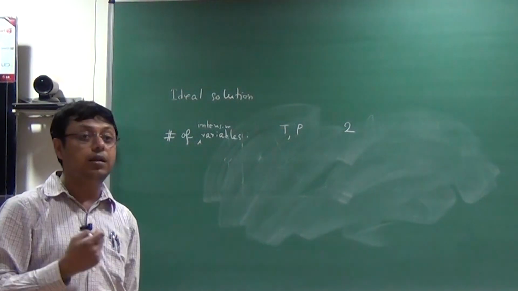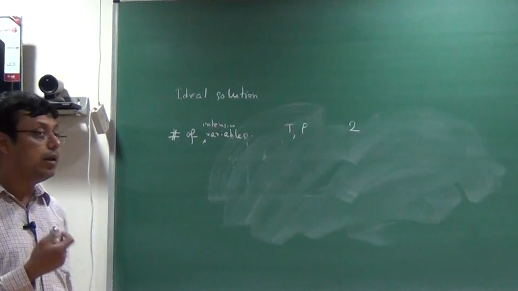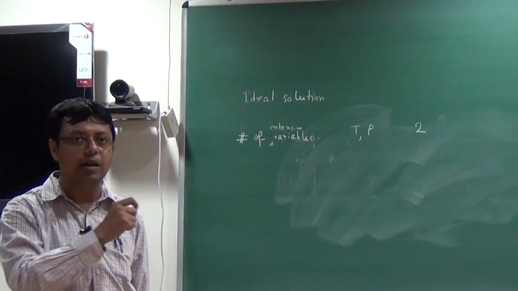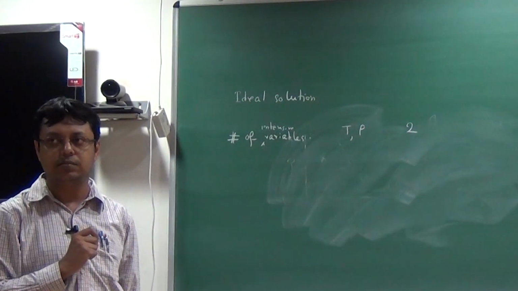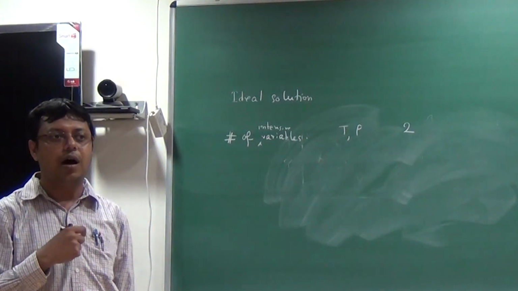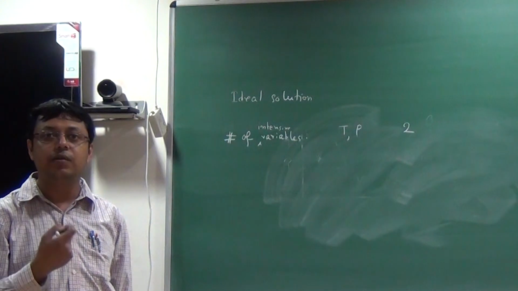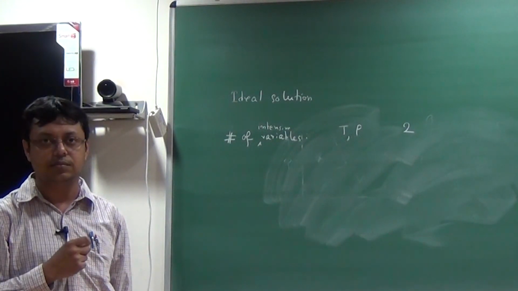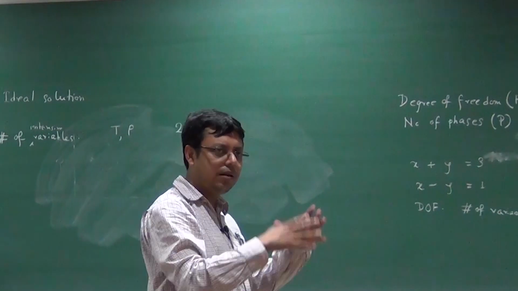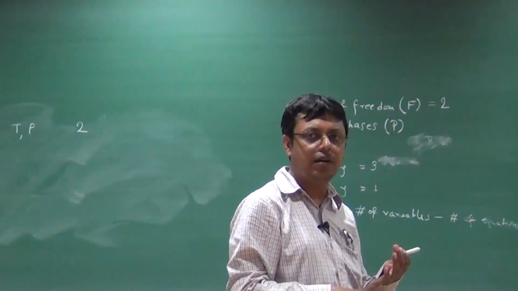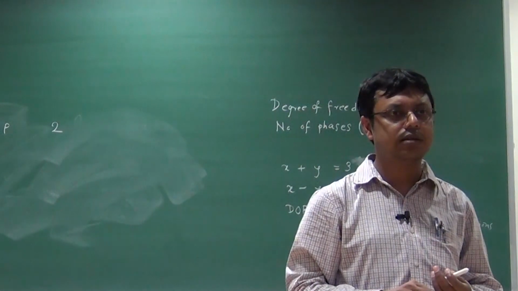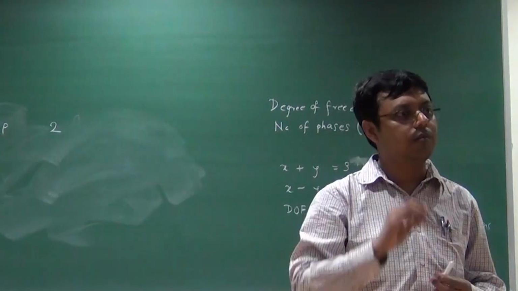Now how many variables should I have? For each component, I'll have 3 phases, isn't it? For each component, I also have to define something known as composition. How do you define the property of a system? One is temperature, one is pressure. But you also have to define the mole fraction, which is related to the number of components.